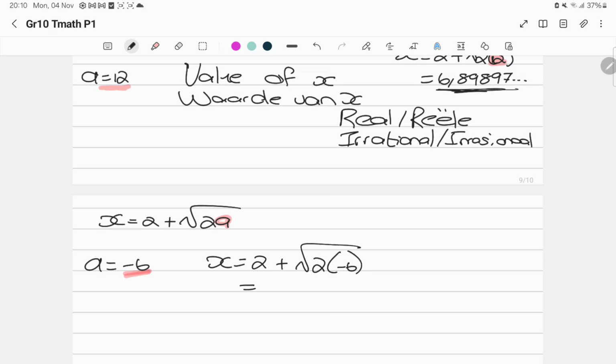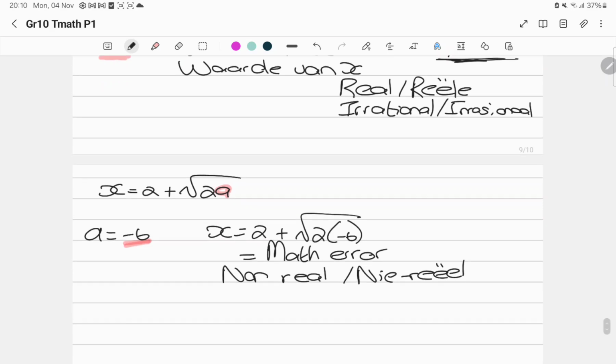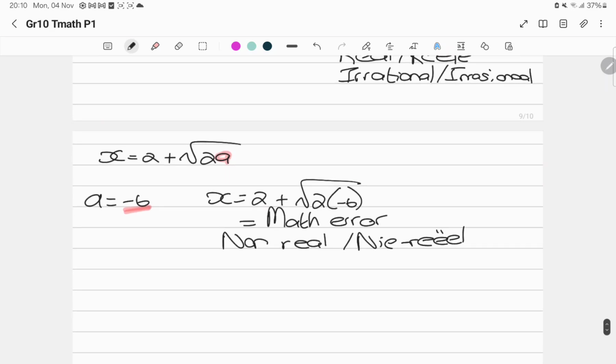I put this into my calculator. And I see, oh goodness, it says math error. Okay, it doesn't exist. So what is this going to be? It's going to be non-real. If it's non-real, it cannot be rational or irrational because it doesn't exist.